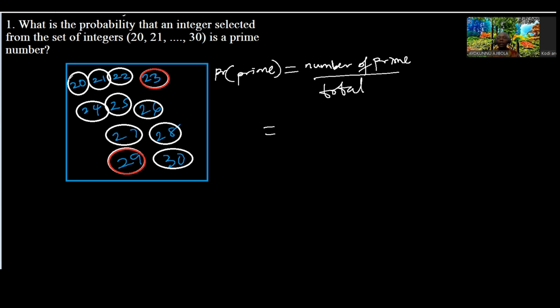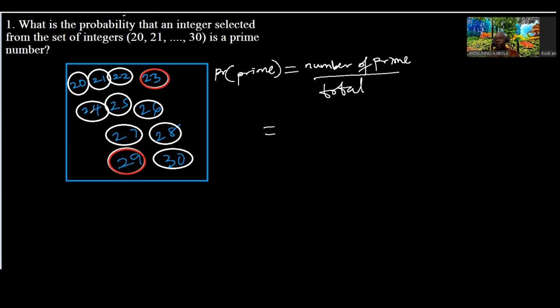Like 20 can be divided by 2, 4, and 5, apart from 1 and 20. 21 can be divided by 3 and 7, apart from 1 and 21. 22 can be divided by 2 and 11, apart from 1 and 22.